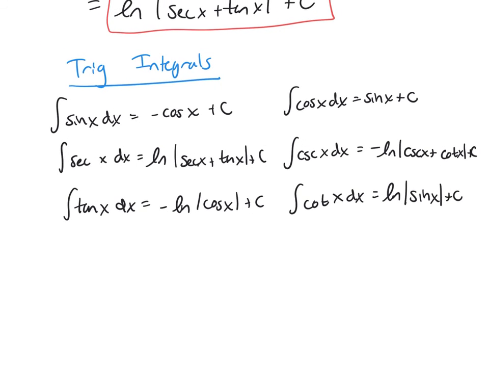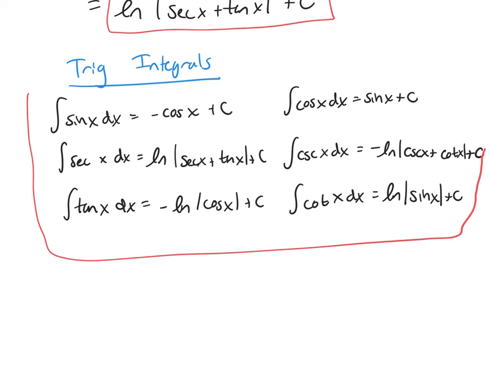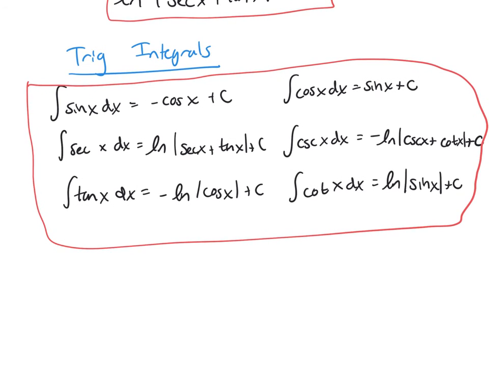So these are the integrals of the 6 trig functions. You probably want to have these out to reference when you're working on trig integrals. Okay, so these formulas are very important. They're definitely things that you want to keep in mind while computing trig integrals.